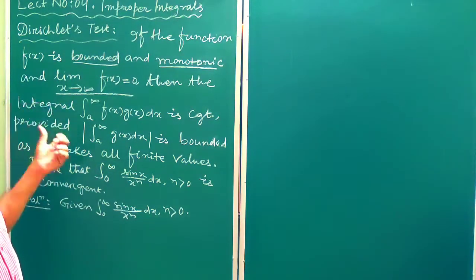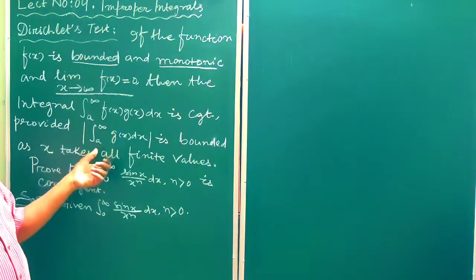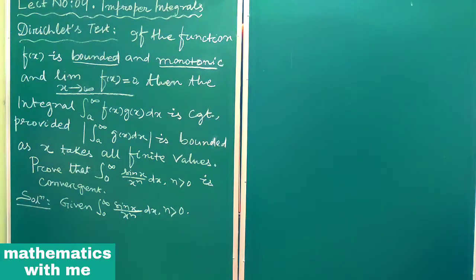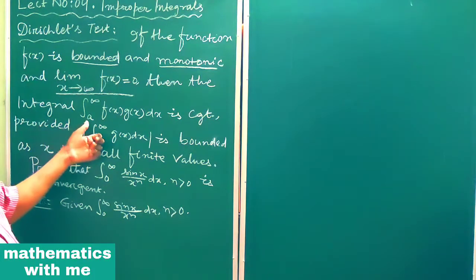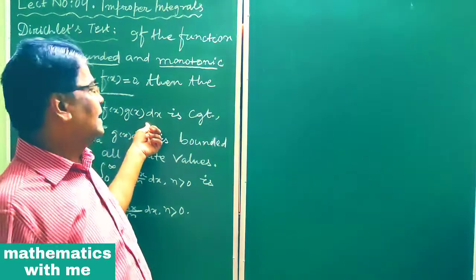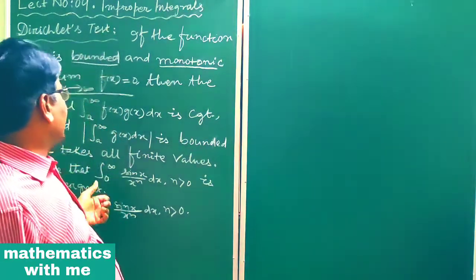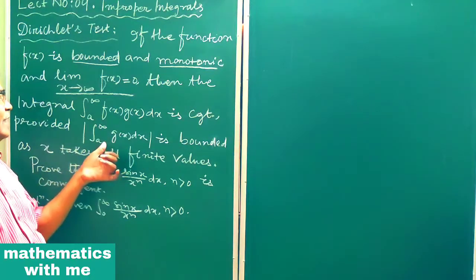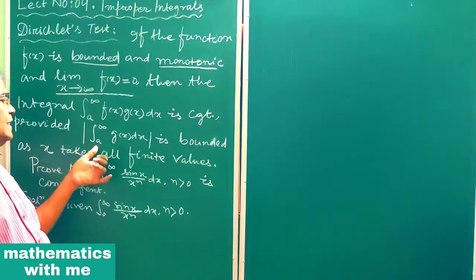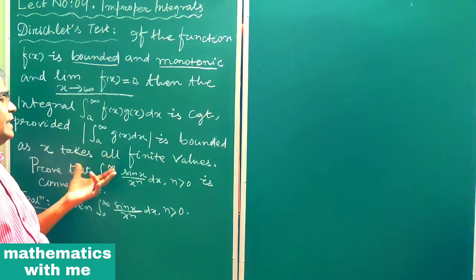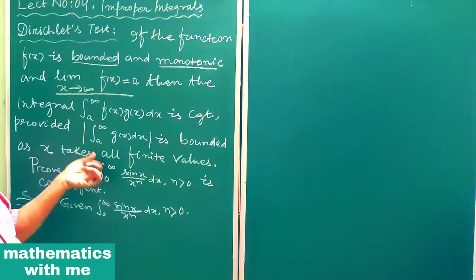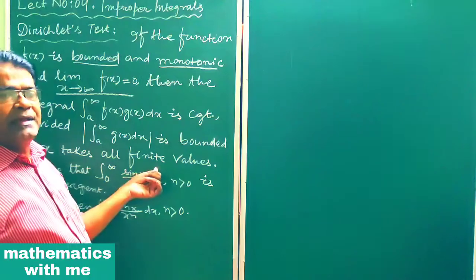It must be monotonic, either increasing or decreasing, and the limit as x tends to infinity of f(x) should be 0. Then we can say the integral from a to infinity of f(x) g(x) dx is convergent, provided the function g(x) that we have chosen, under integration from a to x, taking absolute value, must be bounded as x takes all finite values.